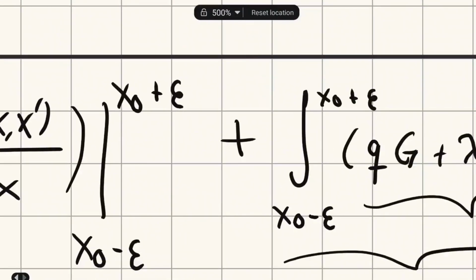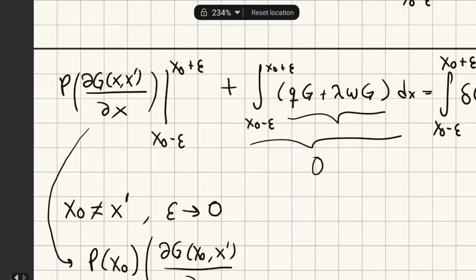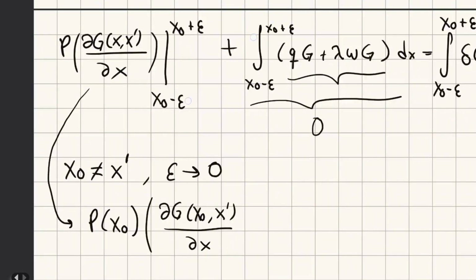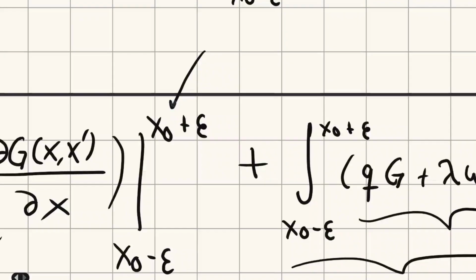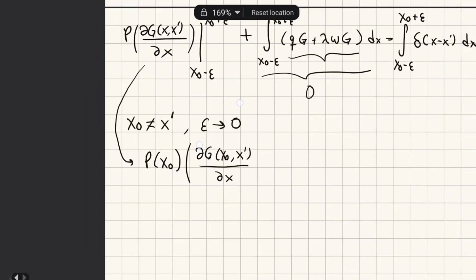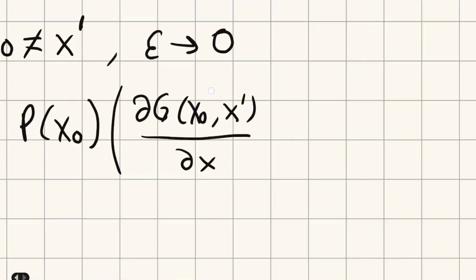Because we come from the value x0 plus epsilon. So we are approaching x0 from the right. Sorry, I think I said the left. We are getting to x0 from the right. So let me put a plus sign to express that here.